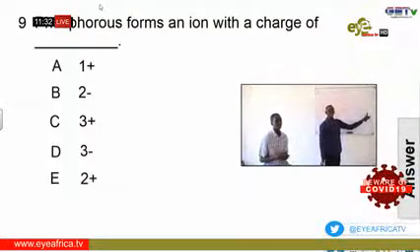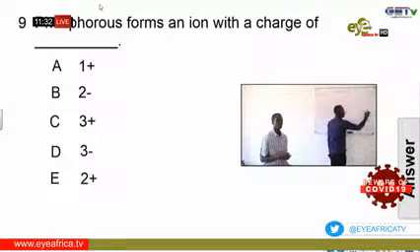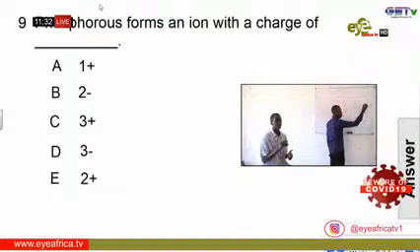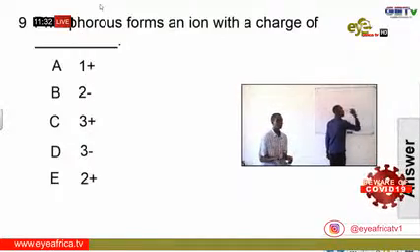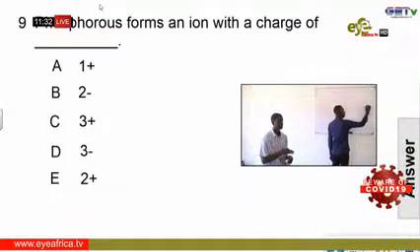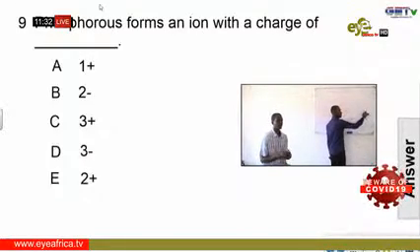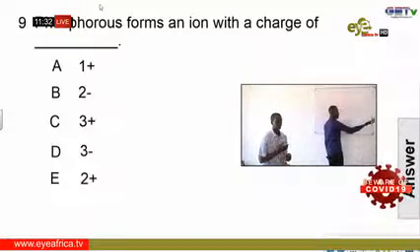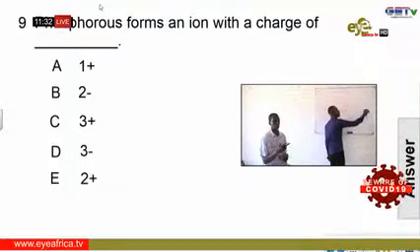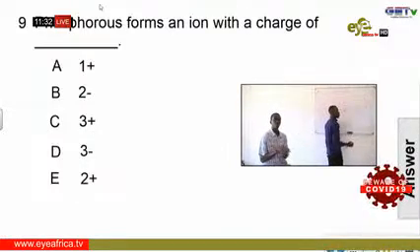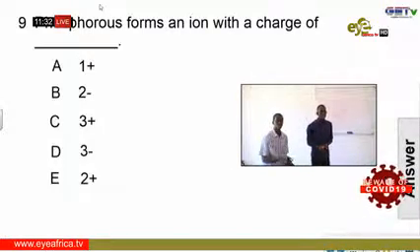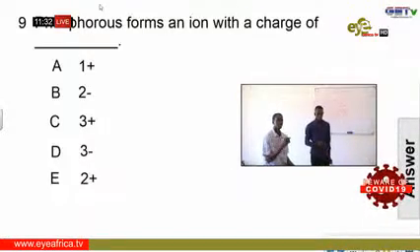And know that this 5 is more than 4, which means it is easier for phosphorus to gain 3 electrons so that it will be stable than to lose all these 5 electrons. And when you gain, you will tend to have a negative sign. You have 5, 6, 7, 8, that is, you have 3 more after this 5 to have an octet structure. Which means the correct option here is going to be letter D, which is 3 minus.